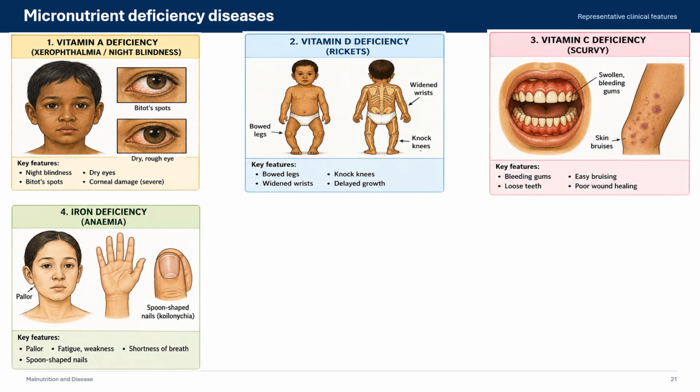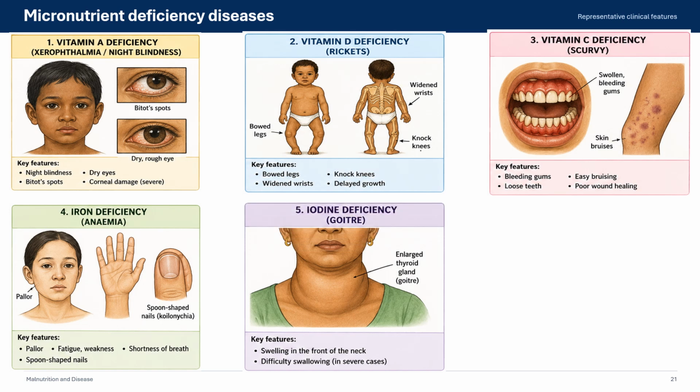Therefore, prevention will include consuming iron-rich foods such as meat, fish, liver, beans, and dark green leafy vegetables, as well as using fortified foods, iron supplements, etc. The next category is iodine deficiency disease.